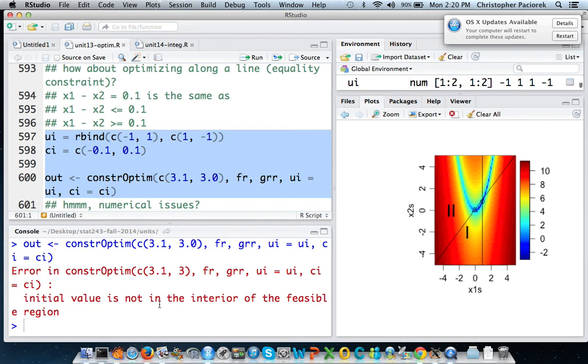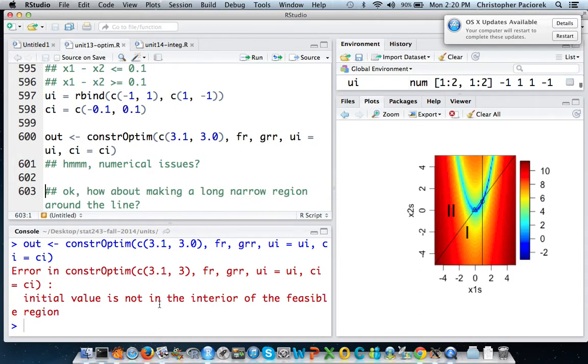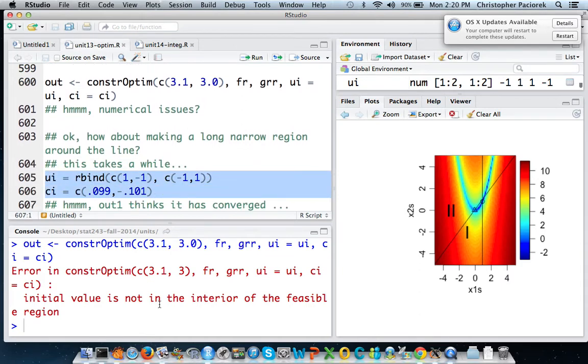Even though obviously 3.1 and 3 is actually a legitimate starting value, and 3.1 minus 3 is actually equal to 0.1. So at this point, if you were really doing this, you'd probably move to something other than R, but I did use a little bit of a trick here, and I said, well, if I wanted to optimize along that line, it's almost as if I were to optimize in a little rectangle around that line, like this.